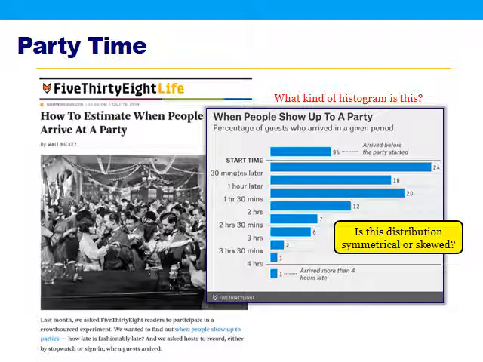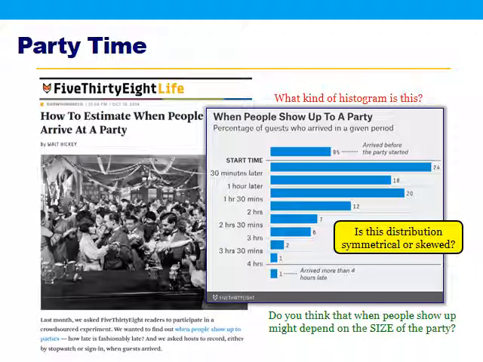Again, if you sort of rotate your head clockwise, you can see that we're dealing with another positively skewed distribution here. Most people show up within the first 90 minutes of the advertised start of the party. But there is a tail that extends out to the right to account for these small number of people that are showing up 3-4 hours late.